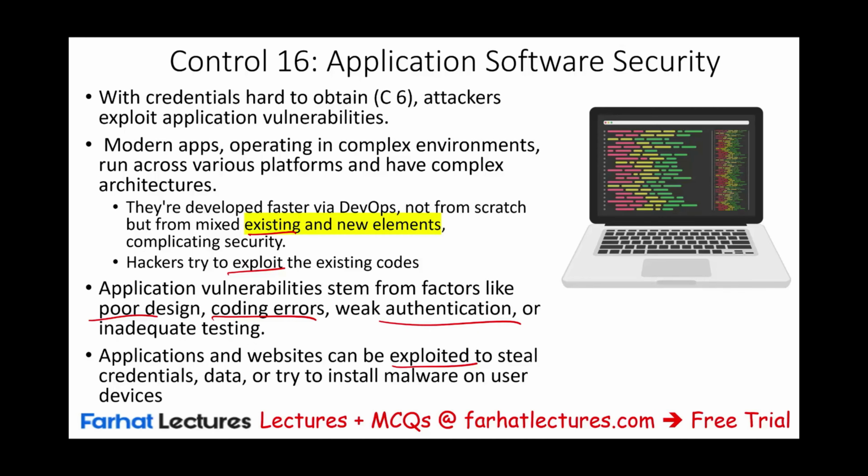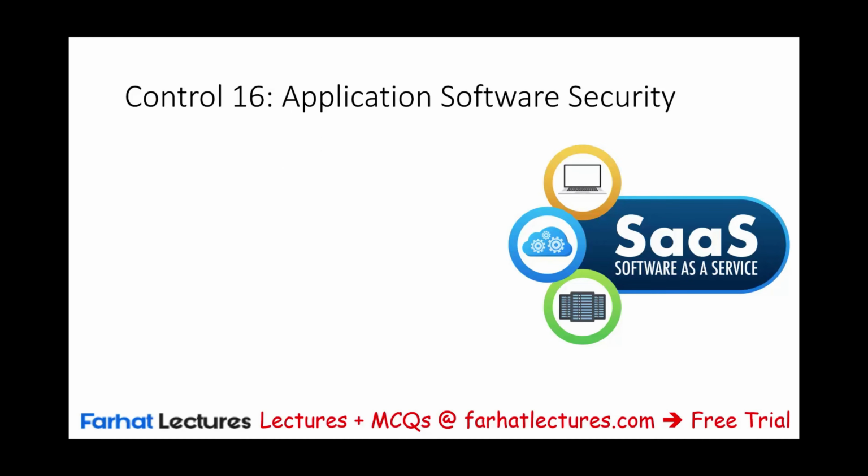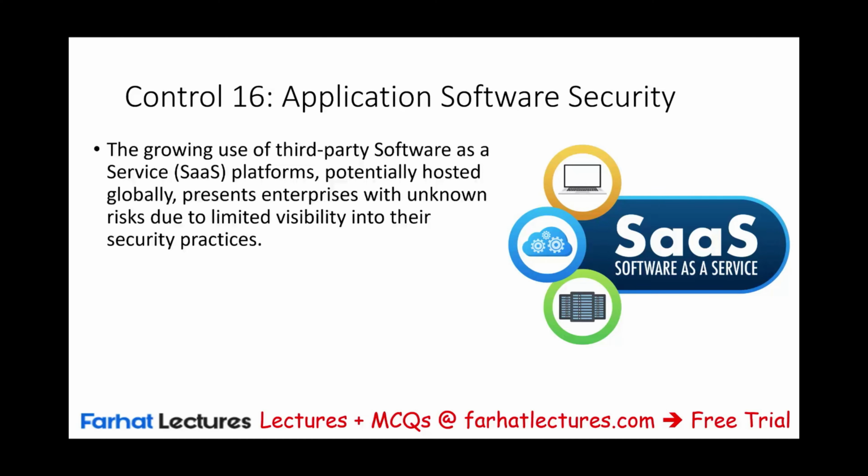Also within this realm, we have to talk about SaaS, software as a service, because these days we are using a third-party SaaS, potentially hosted globally, which presents the enterprise with unknown risk due to limited visibility into the security practices. Sometimes we don't buy the software, we don't develop it, we use it from a third party. We basically rent the software.